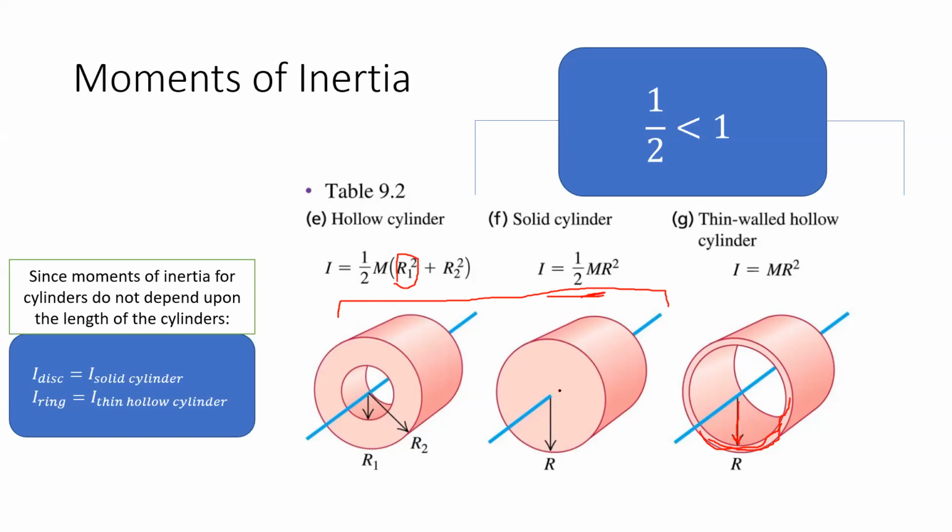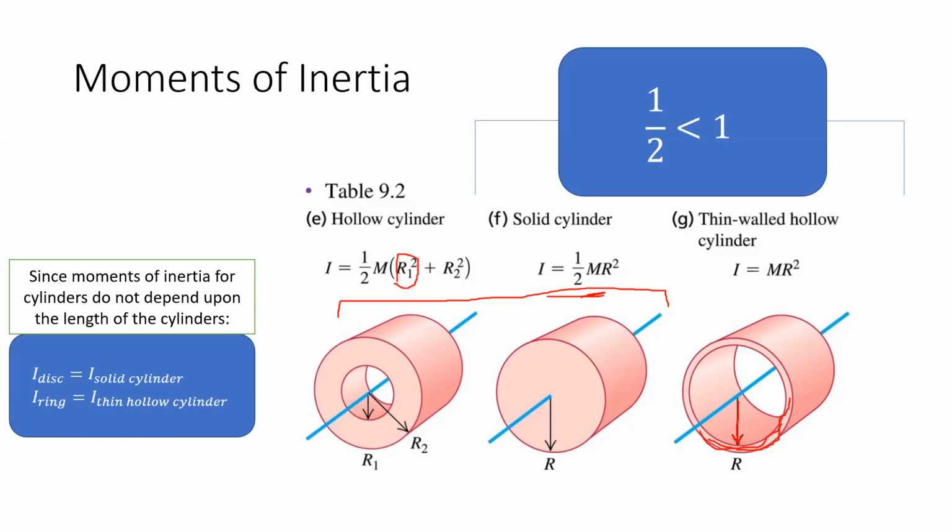Again, why? Because the percentage of mass located near the axis of rotation is closer to the axis of rotation than for the hollow cylinder.